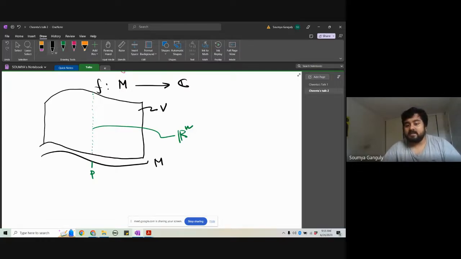Basically, what do we mean by that? It means for every point P, there is an open set U on M such that on the open set U, you can restrict this part of the vector bundle, which is nothing but a manifold for now, and it will look like U cross R^n.